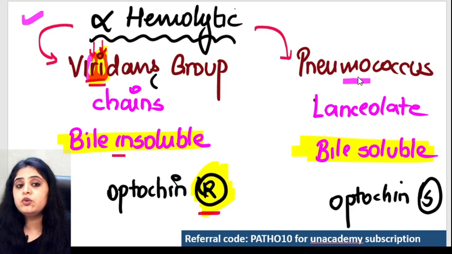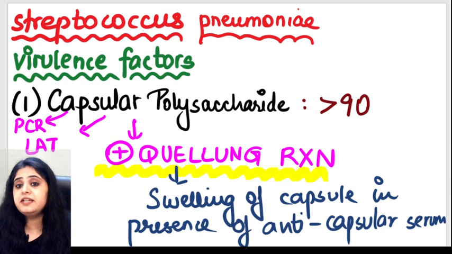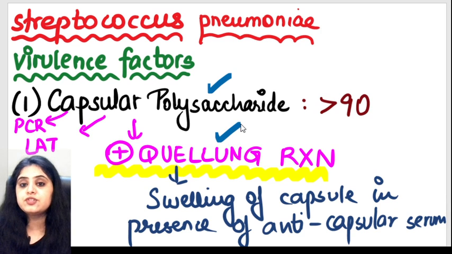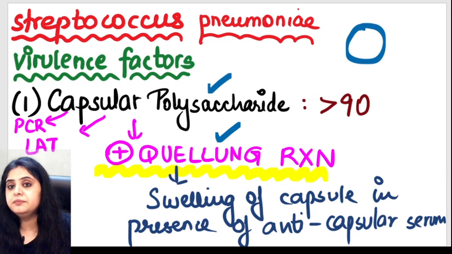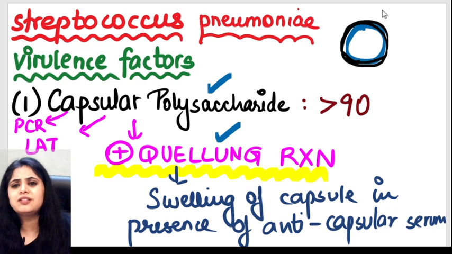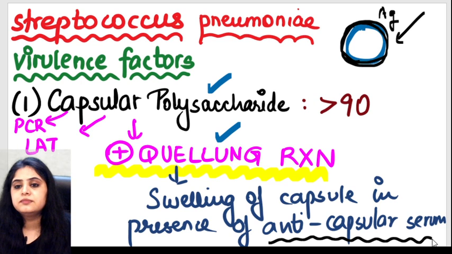And pneumococcus, I hope you remember, has a capsule, a very famous capsule on the basis of which it is classified. And do you all remember the capsule gives you a positive reaction for what? Quellung reaction. So if this is the organism and this is the capsule that it has, obviously the capsule is going to have an antigen. If I add any anti-capsular serum, it will be more like an antigen-antibody reaction.